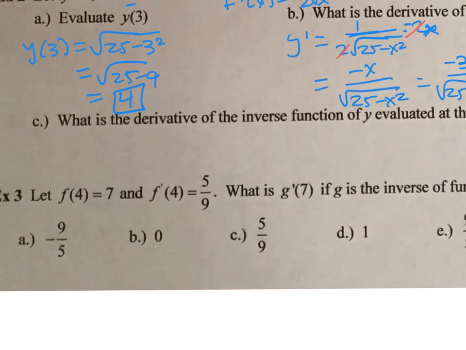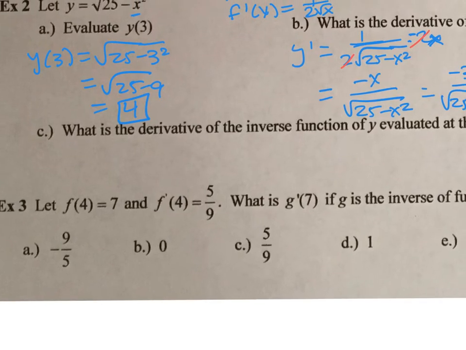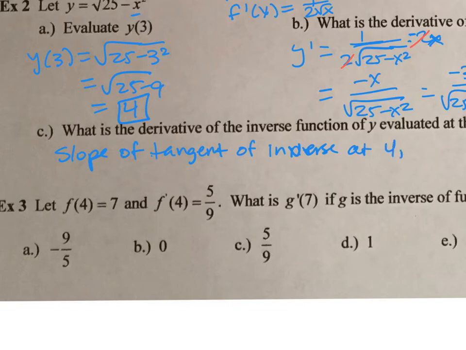What this is asking us to find is the slope of the tangent line of the inverse at the point 4, 3.